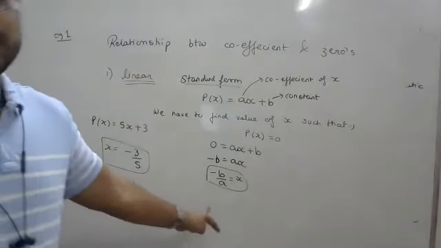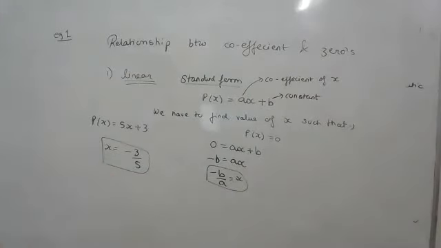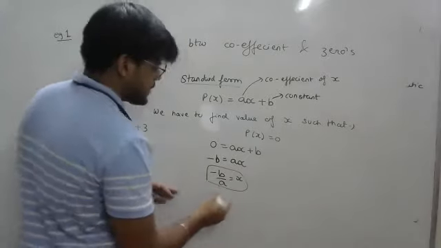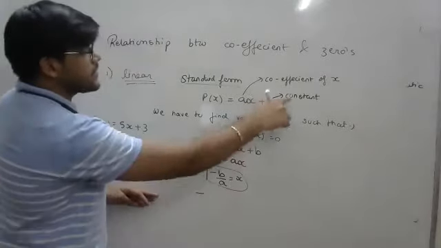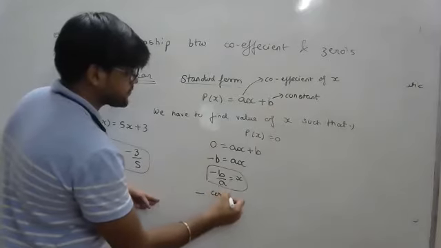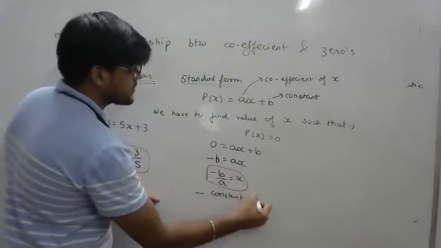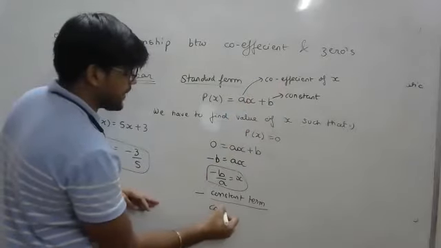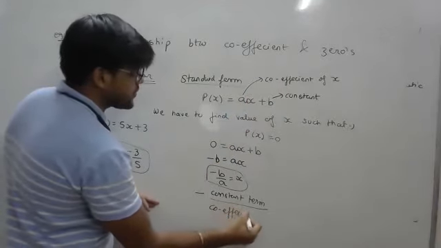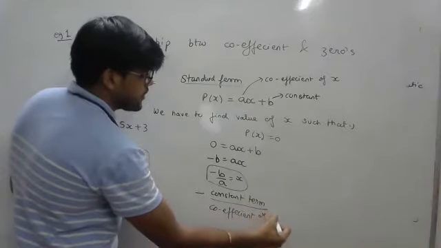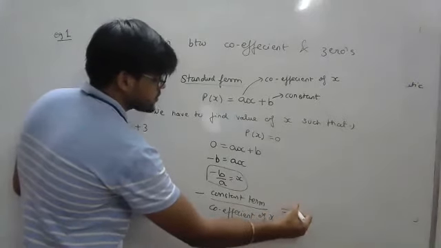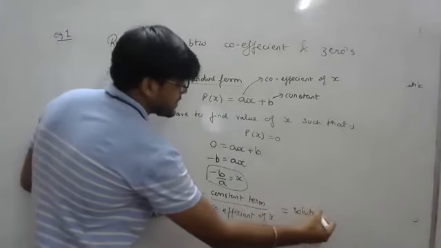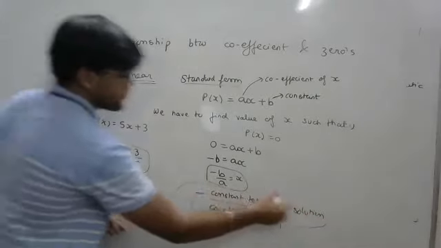So this is the zero of your given polynomial. This can be written as minus b, which is the constant term, divided by a, the coefficient of x, equals your solution.